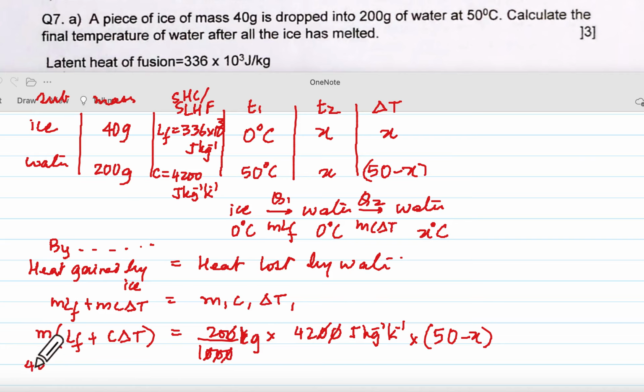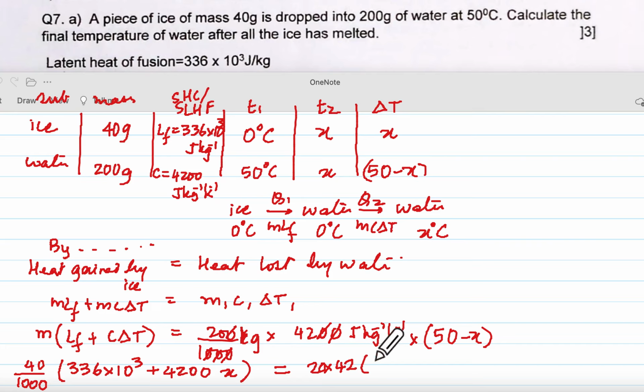Here it will be 40 upon 1000 into 336 into 10 to the power 3 plus C of water, 4200 into delta T which is X, and here it is 20 into 42 into 50 minus X.